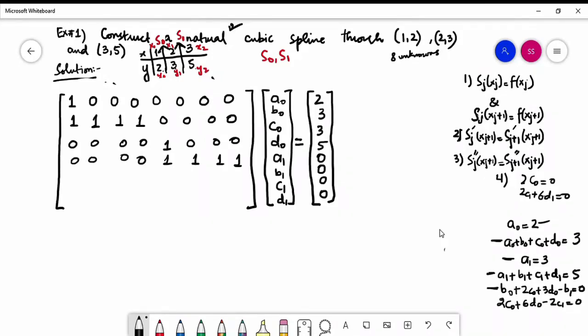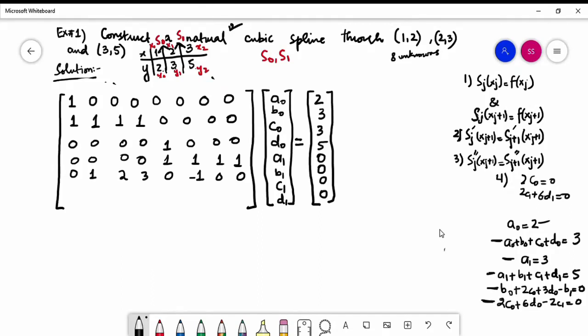Equation number 5 has a0 with coefficient 0, b0 with coefficient 1, c0 with coefficient 2 and d0 with coefficient 3. a1 has coefficient 0, b1 has coefficient 1, c1 has coefficient 0, and it equals 0.